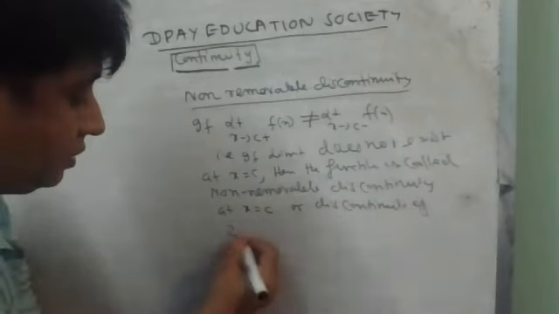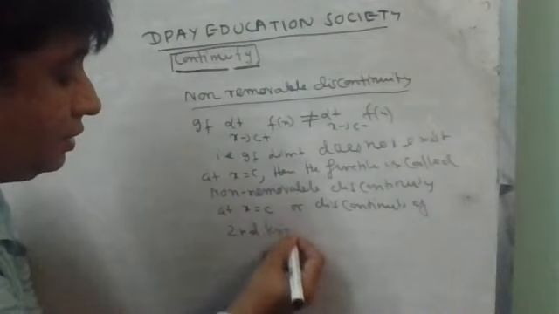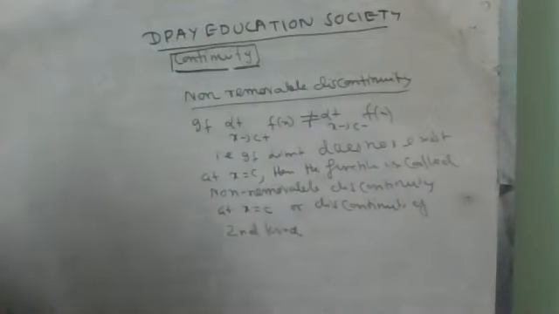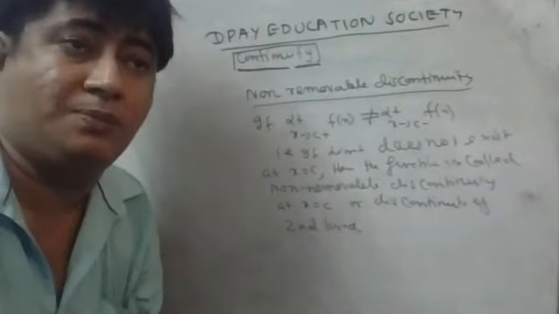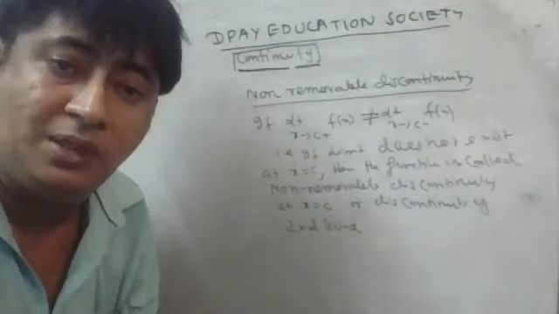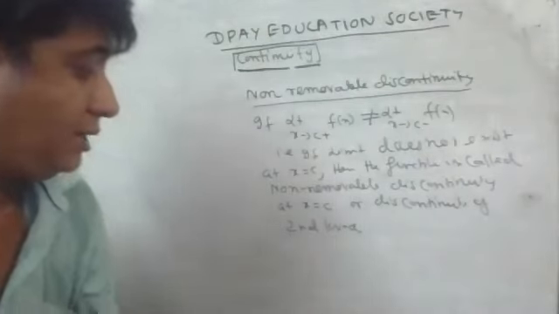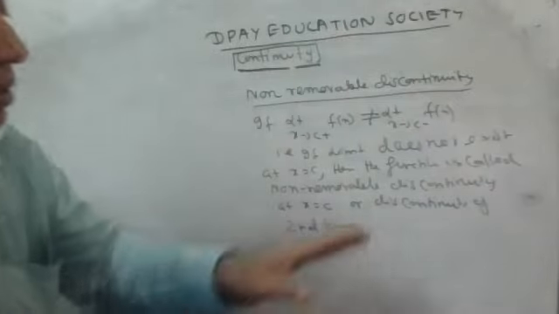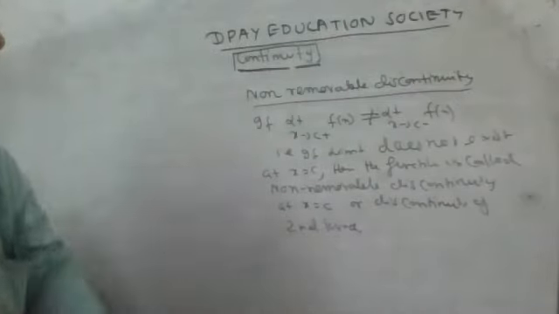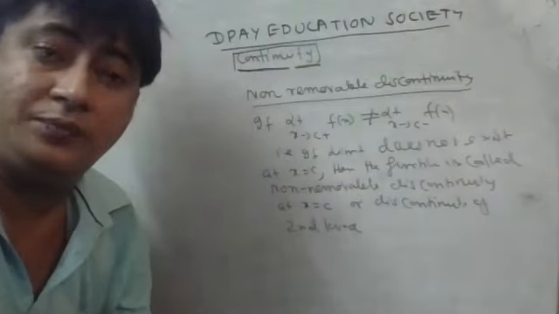or discontinuity of second kind. Then you can raise the question, what is called discontinuity of first kind? That is removable discontinuity, which we taught a few minutes back. That is called discontinuity of first kind, and this is the discontinuity of second kind, that is called non-removable discontinuity.